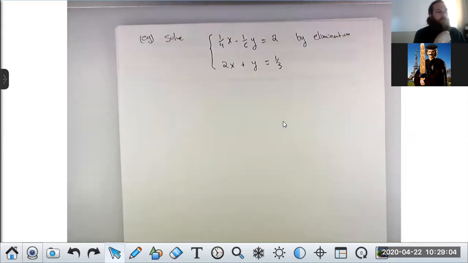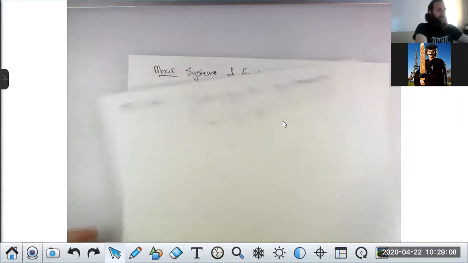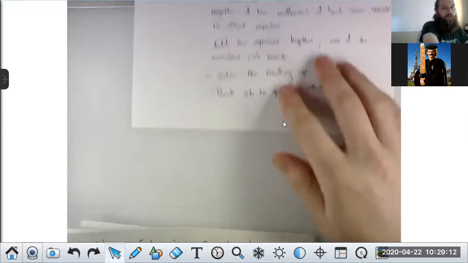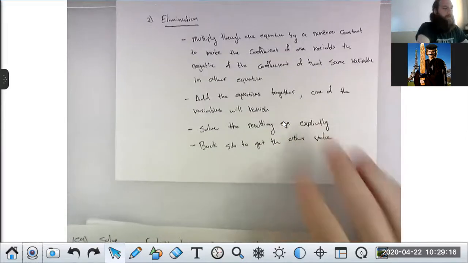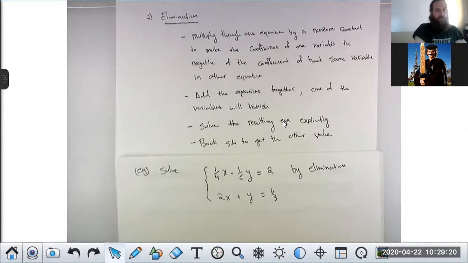So the game is to multiply through one of these equations by a non-zero constant to make the coefficient of one of the variables equal to the negative of the coefficient of that same variable in the other equation.